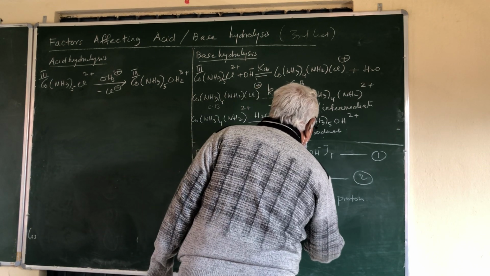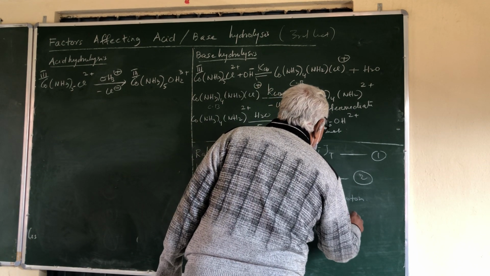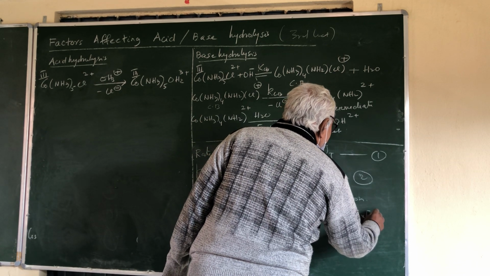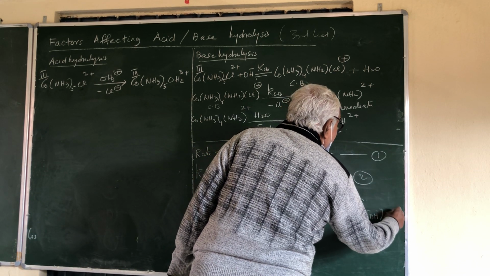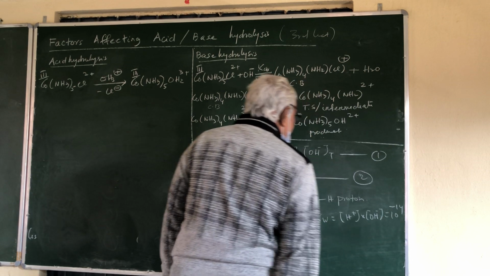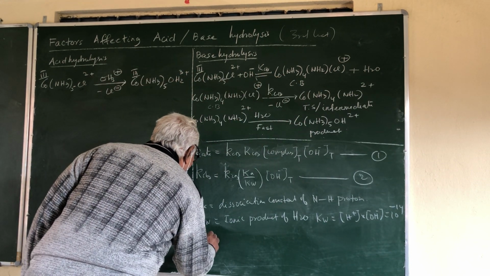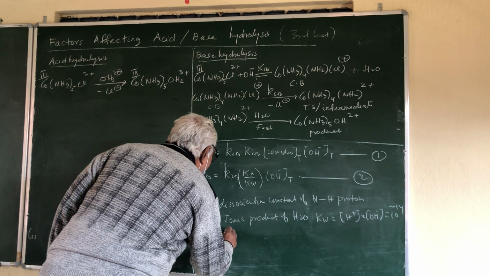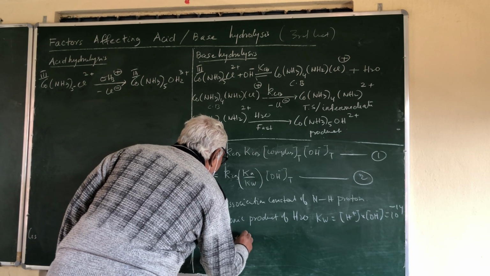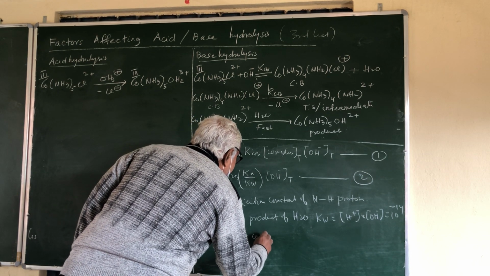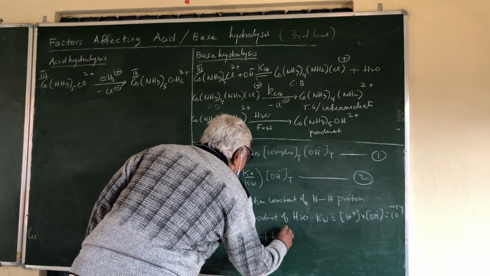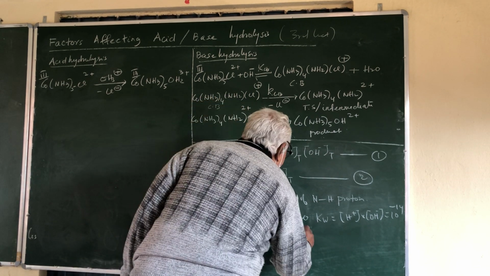What is the ionic product? Kw is equal to hydrogen concentration into hydroxide concentration. This is equal to 10 to the power minus 14. And Kcb is the rate constant for the breaking of the conjugate base.